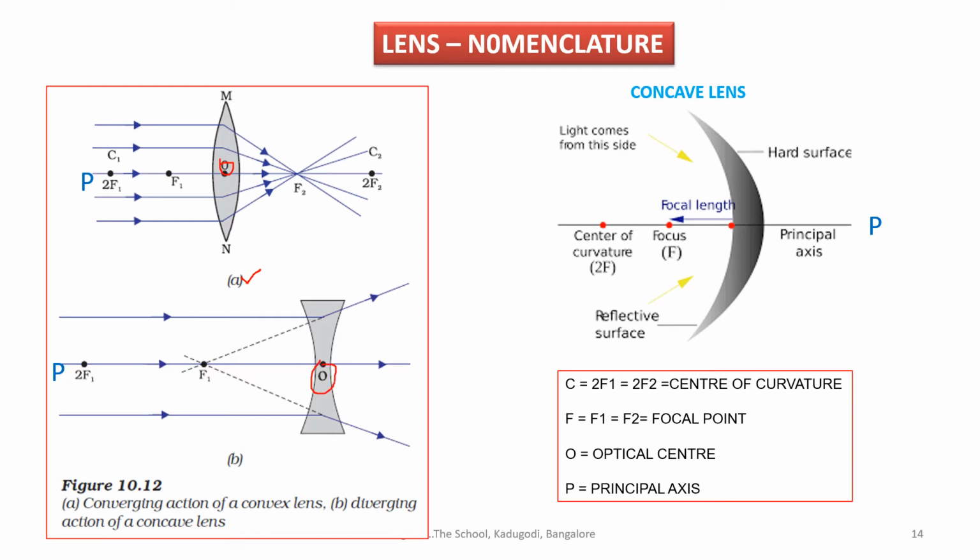This is the optical center. And you are seeing C1 and C2. So we have two. C1, C2 come in both concave and convex.